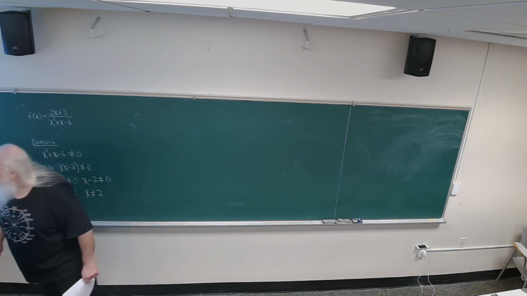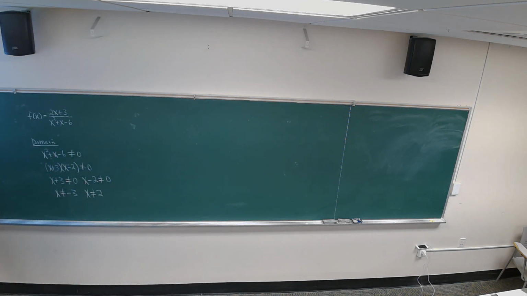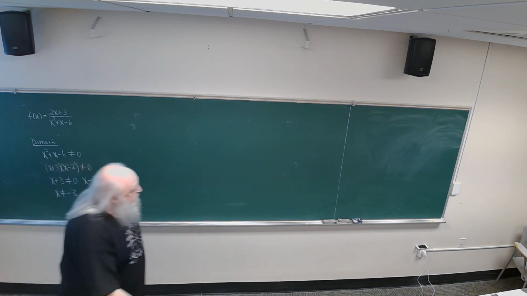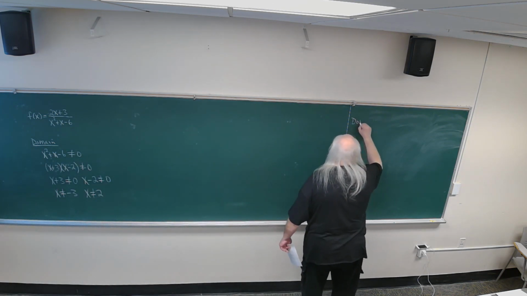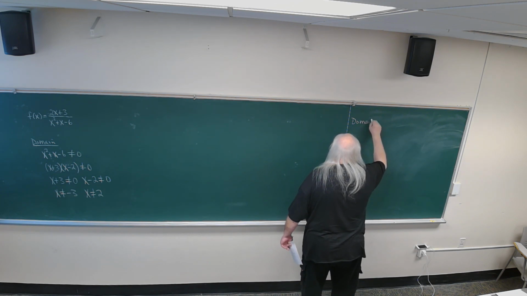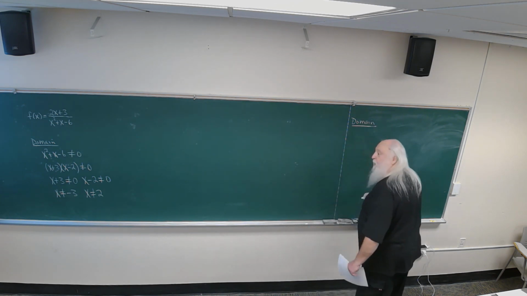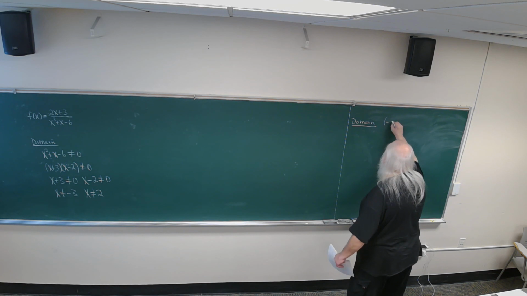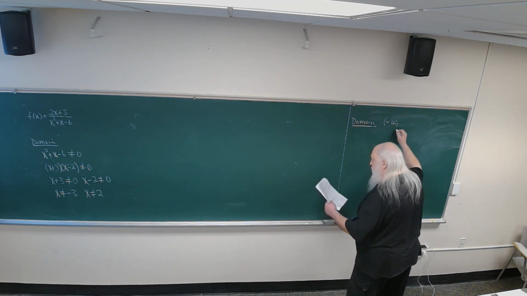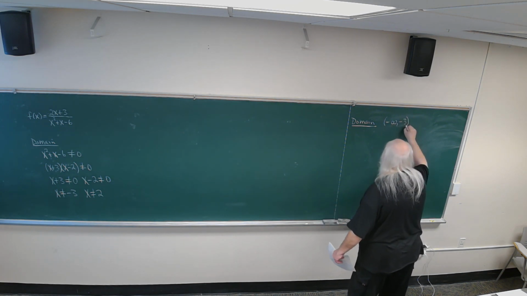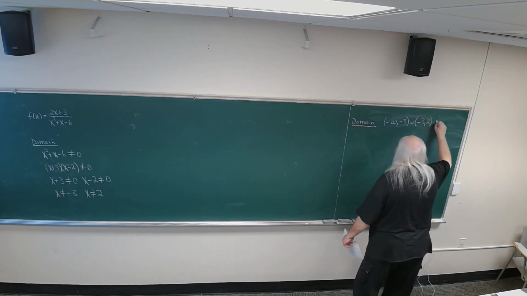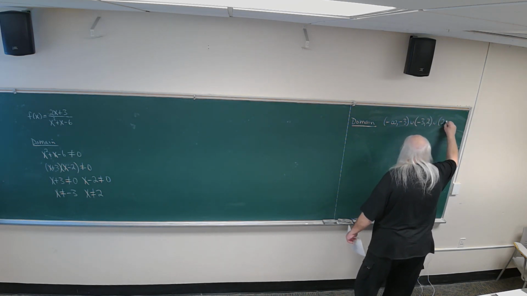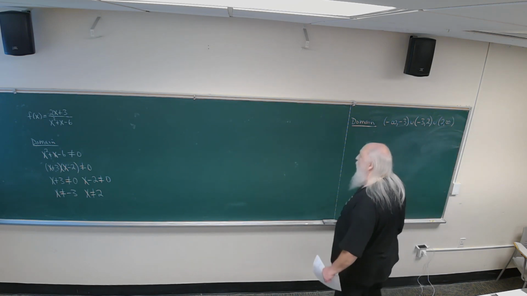So in the blank here, where it says domain in interval notation, I'll write it over here. The domain in interval notation is minus infinity to -3, union -3 to 2, union 2 to infinity.